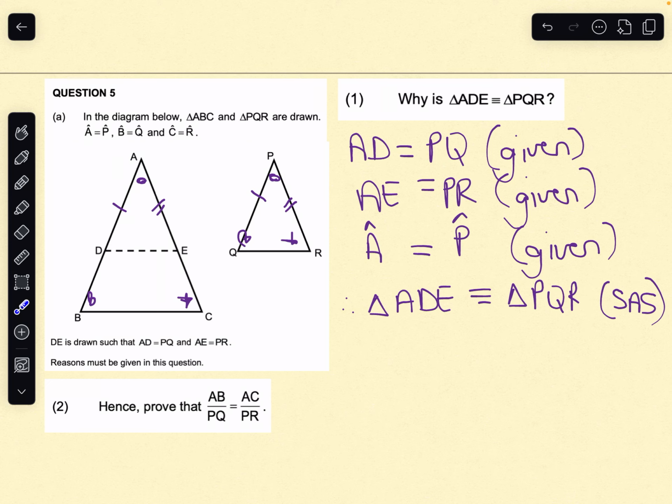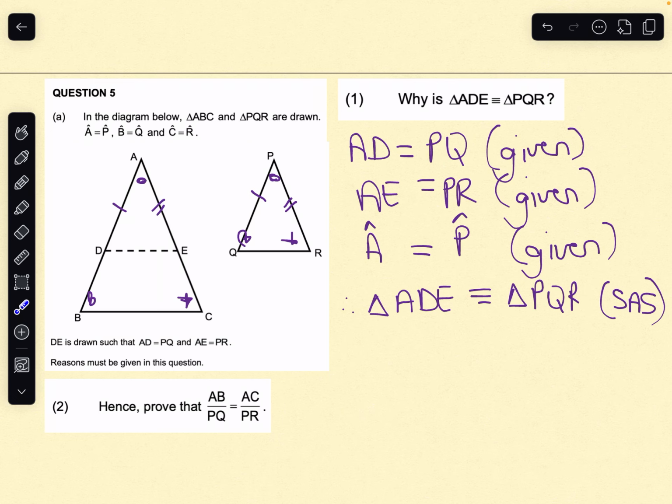So then we're asked to prove that AB over PQ is equal to AC over PR. So that would be the same as proving that AB over AD is equal to AC over AE, right?